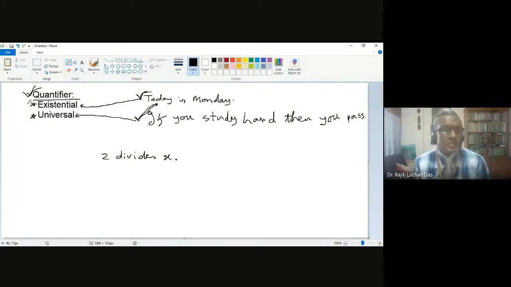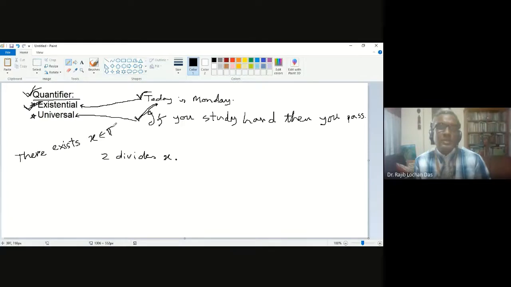that is an existential quantifier, and I can write something like there exists some x in the real numbers.